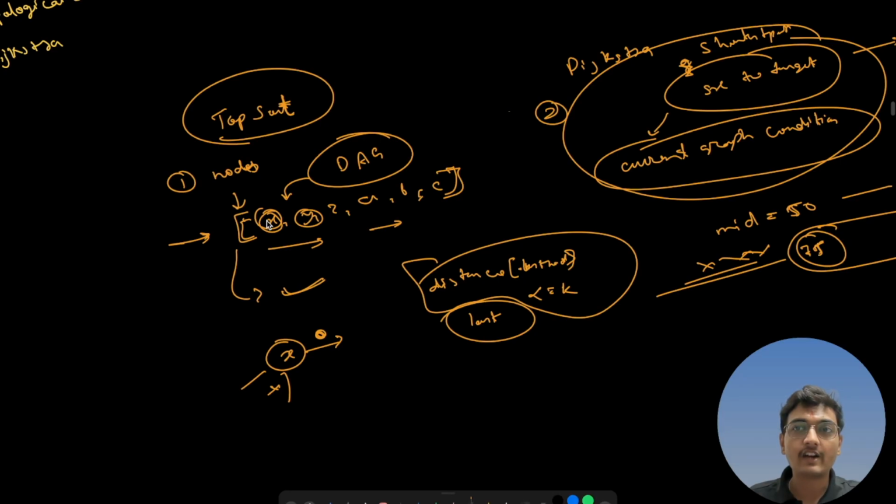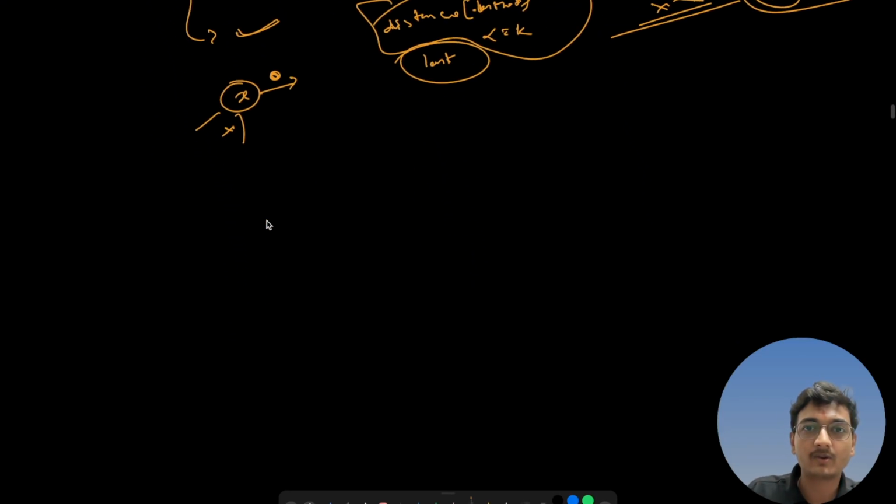So I hope you got some idea what we'll be doing. Let me quickly summarize it. I will write a very rough pseudocode, or rather, basically the approach. Let's say we call binary search. First thing, we get mid, let's say our mid is 50.